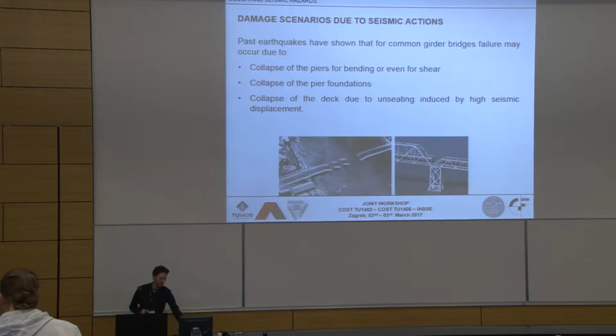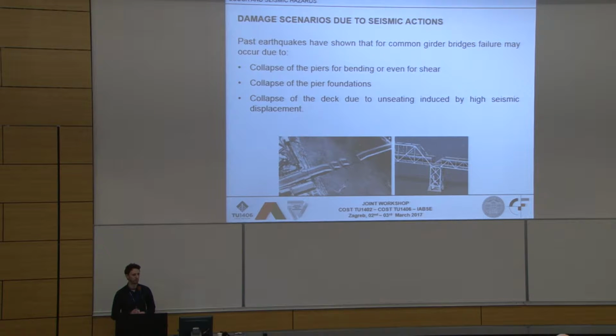For seismic actions, the effects are much more well understood. So you'll have collapse of piers for bending or for shear actions due to the influence of an earthquake motion, total collapse of pier foundations. You can also have loss of deck unseating and things like that can happen just due to the motions of the bridge itself under the seismic action.